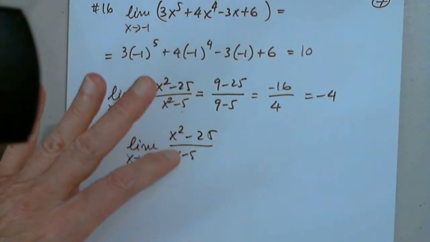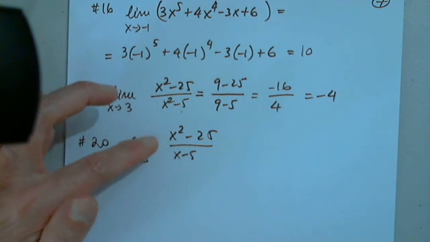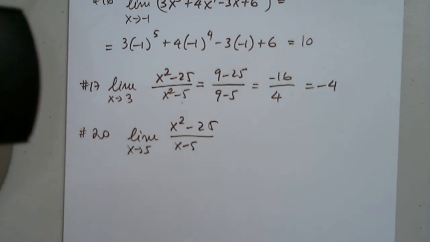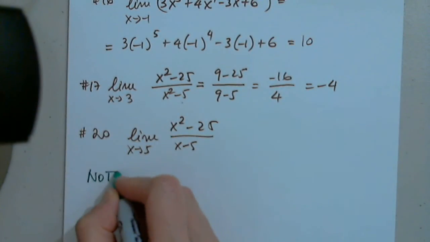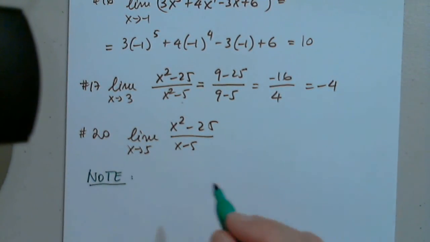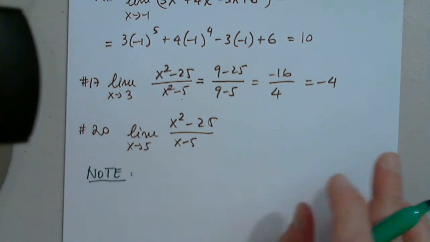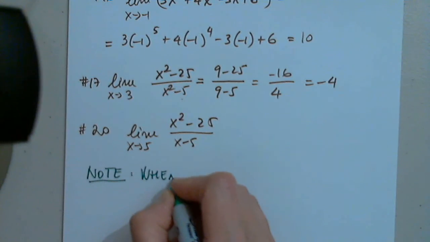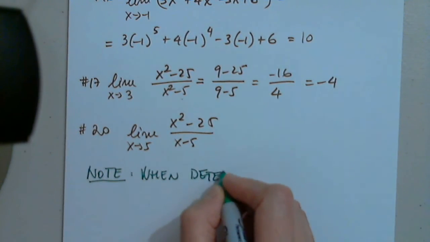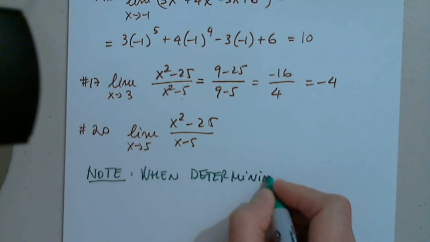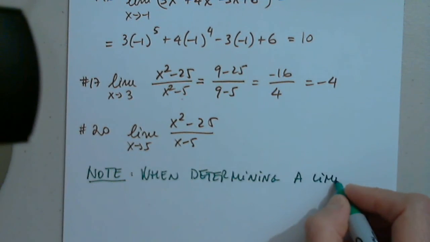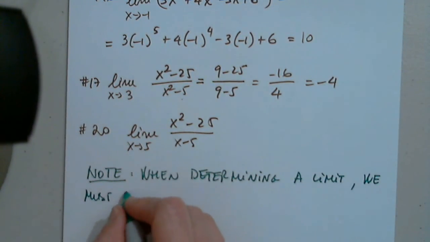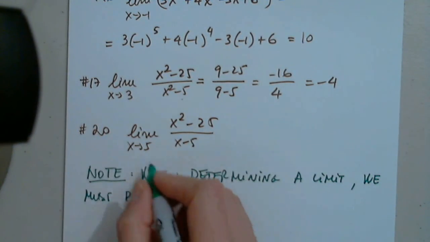So we see that this is a rational function, a ratio of two polynomials. Perfect. So every time, this is another note that I don't want to forget. Let me write it now. Which, again, will sound like a contradiction. When determining a limit, we must plug in a, this one.